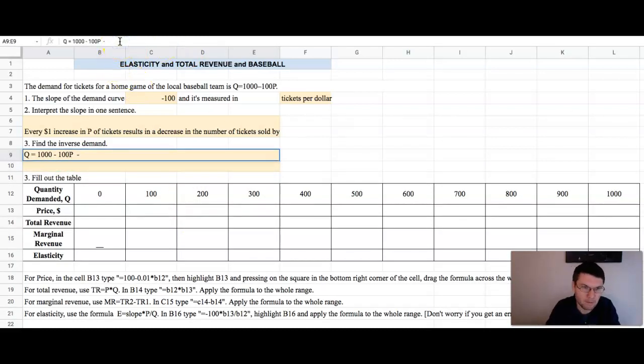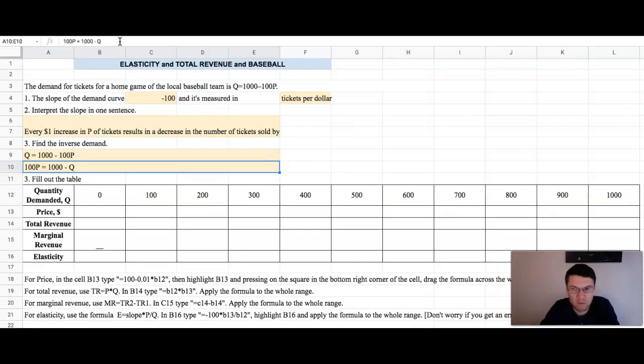So that will mean that, let's see how to put it best. 100 times the price is going to equal 1000 minus the quantity. And finally, to solve for the price, I need to take this equation and divide it by the coefficient in front of the price.